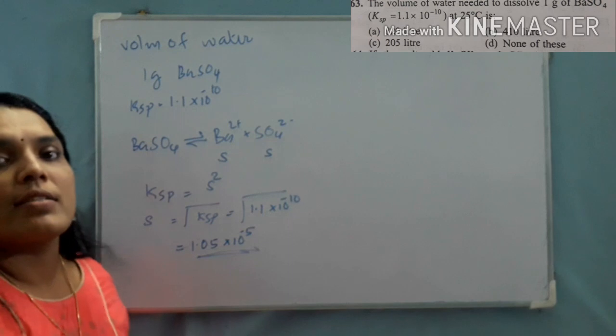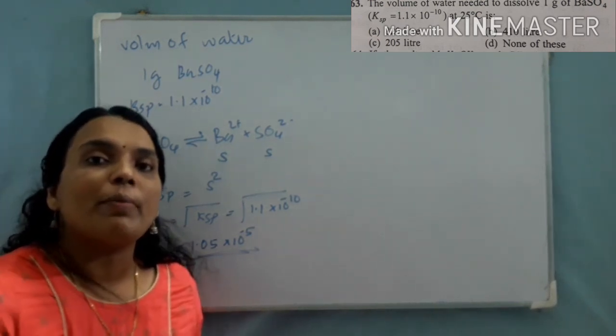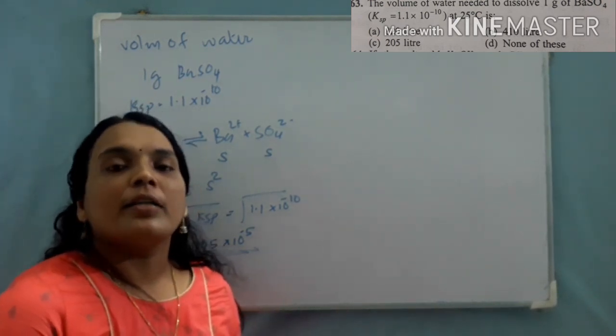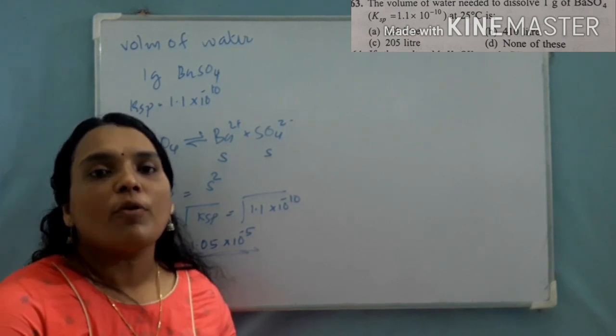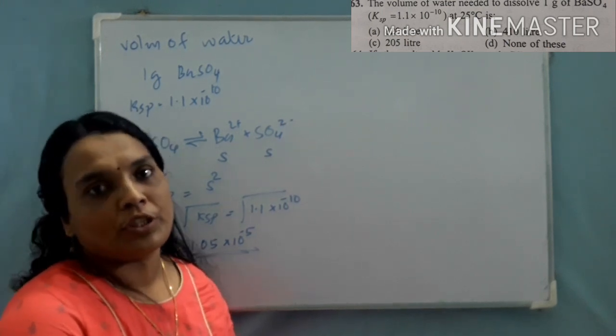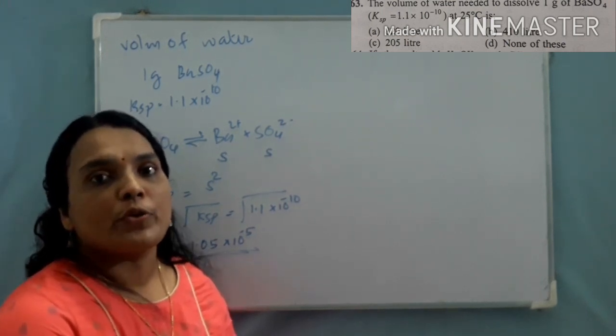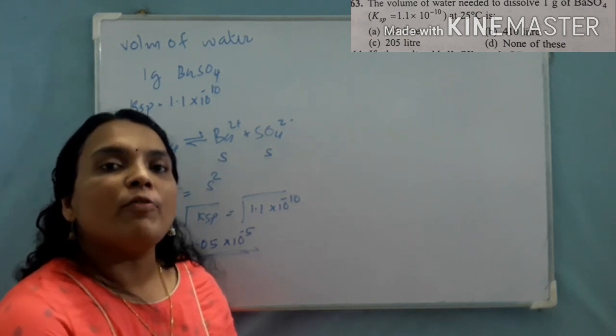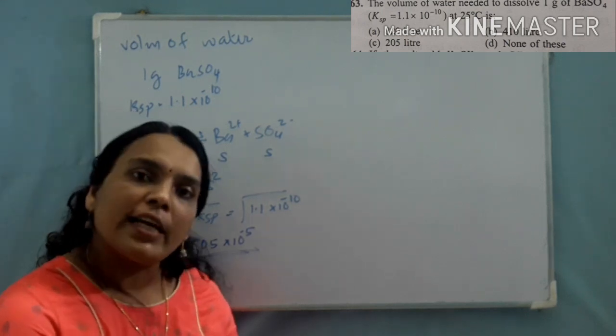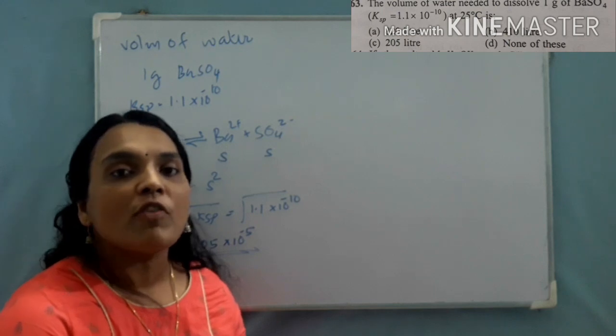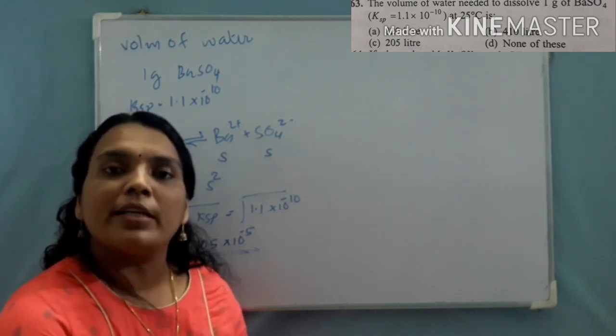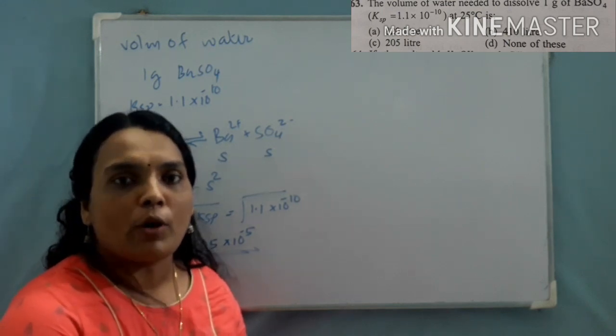What is S? That is solubility. What do you mean by solubility? Number of moles of solute dissolved per given volume of solution. Generally we consider solubility in terms of molarity.